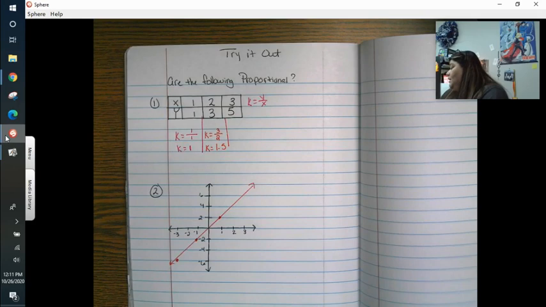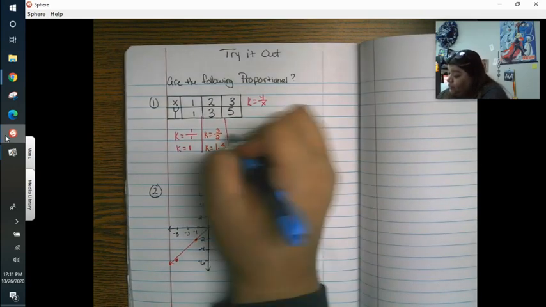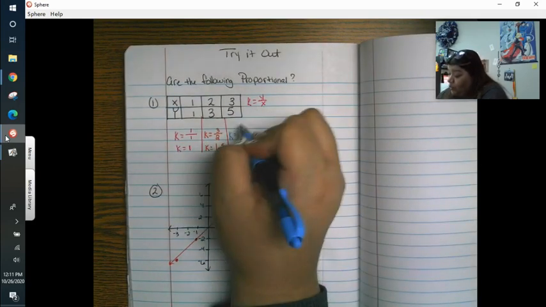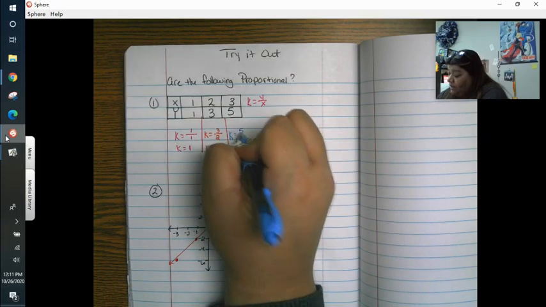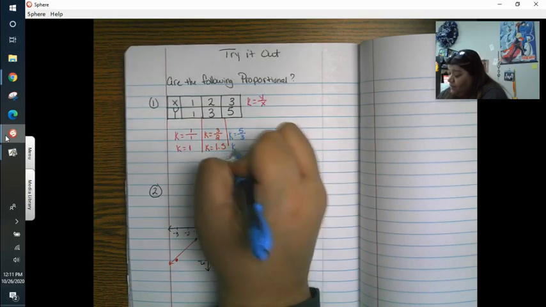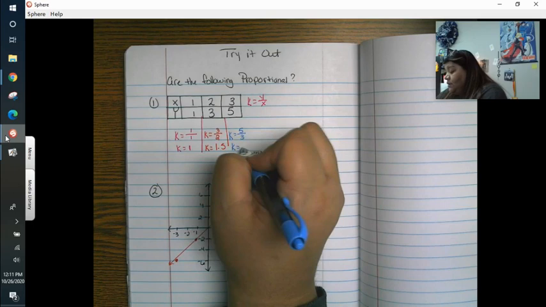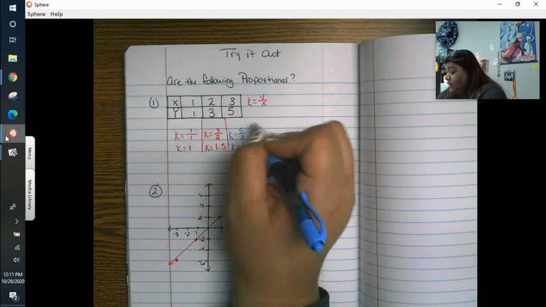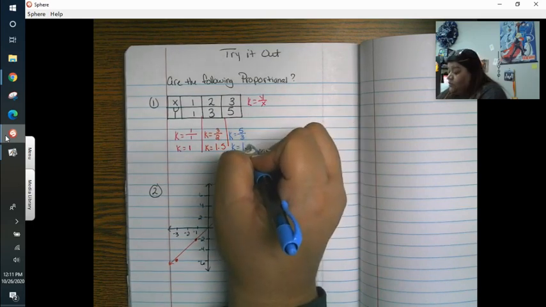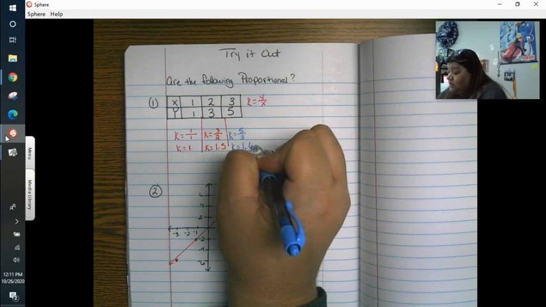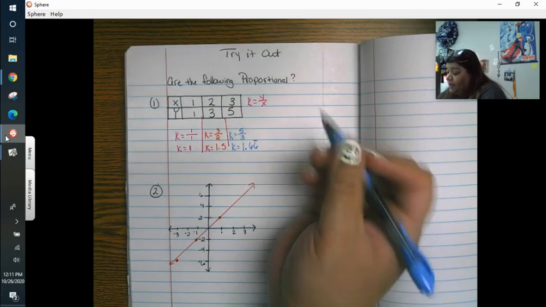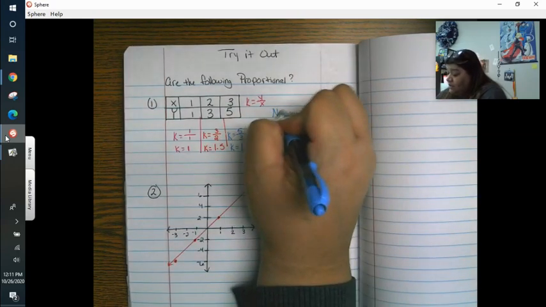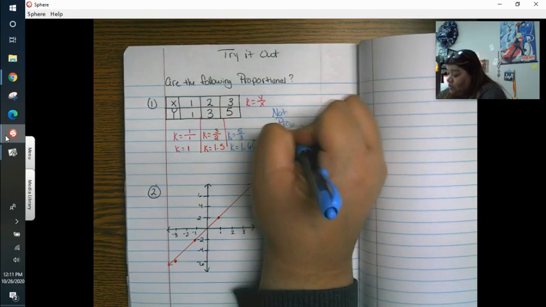Nope. And I'll try the last one just to prove that we are right here. Y is 5, x is 3. 5 divided by 3, 1 into 20 goes 6. 6. It's going to keep on going. So this one is not proportional.